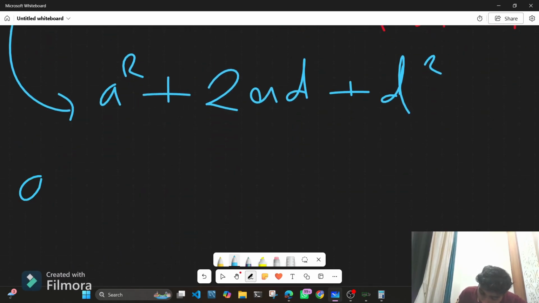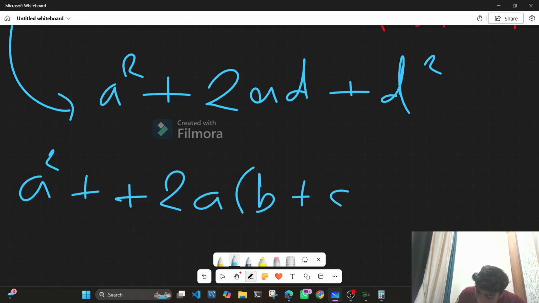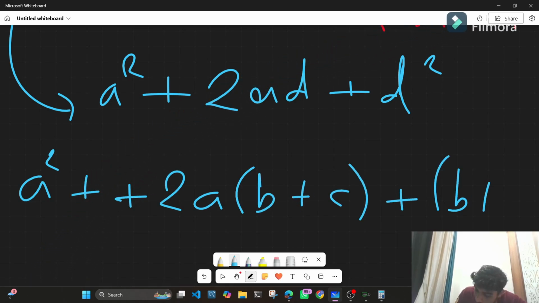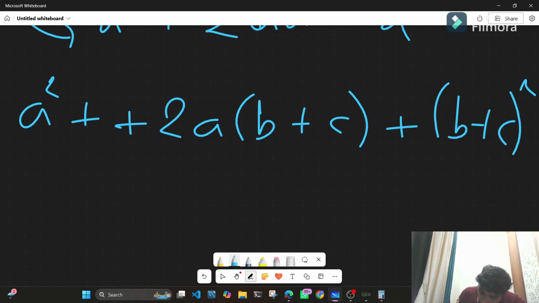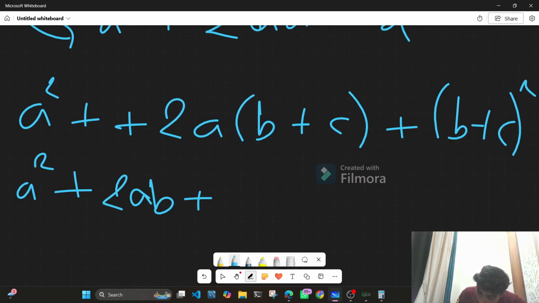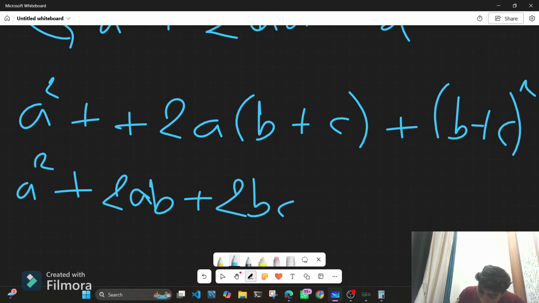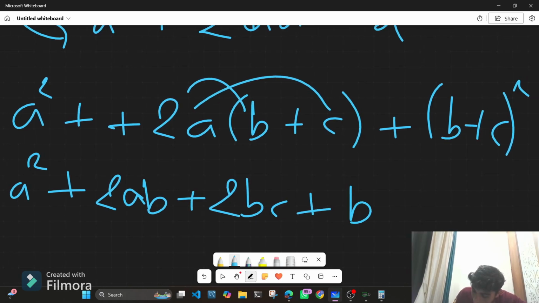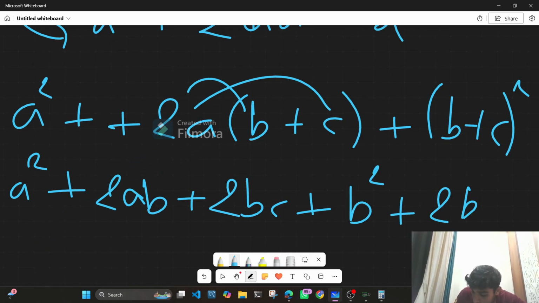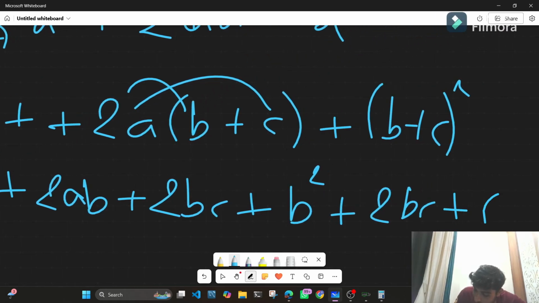If you again substitute the value of d, we get 2a into b plus c plus b plus c whole square. So here we can see that a square plus 2ab plus 2ac, right? We first multiply this, then we multiply this. Then b plus c whole square is b square plus 2bc plus c square.